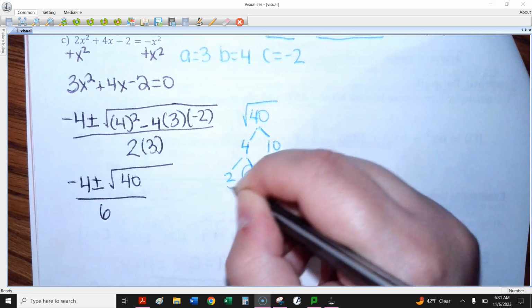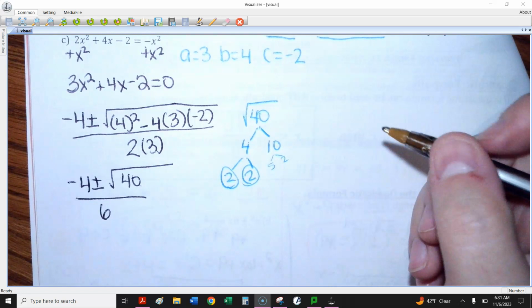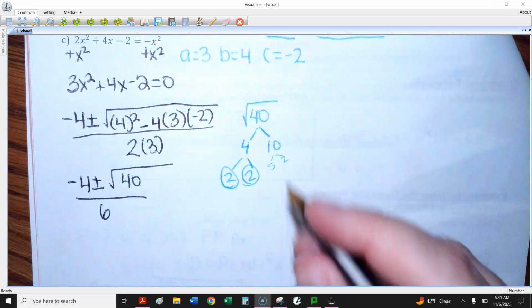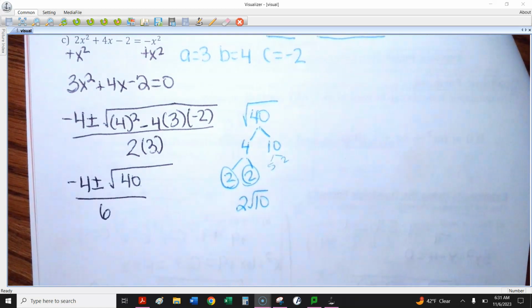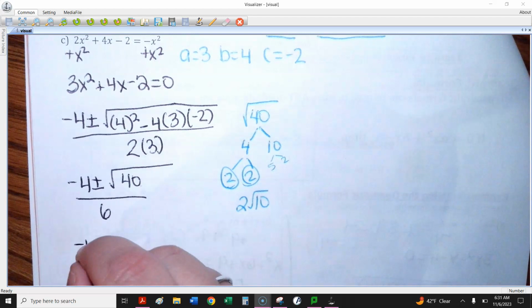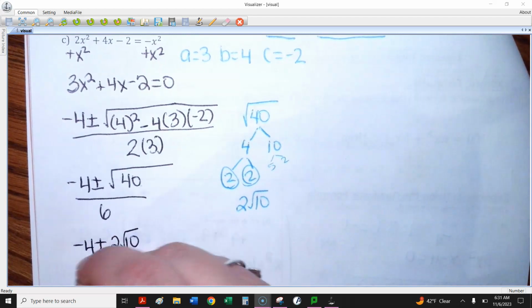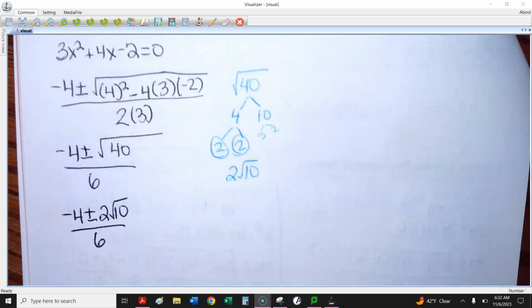Now you can break down 10, that's 5 and 2, but that doesn't give you another pair, so I would just put that back together. So square root of 40 is just going to simplify to be 2 roots of 10. So that's what I'm going to do over here, is replace the square root of 40 with 2 roots of 10.